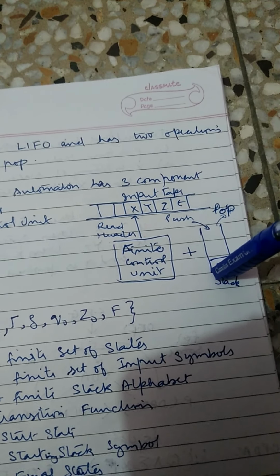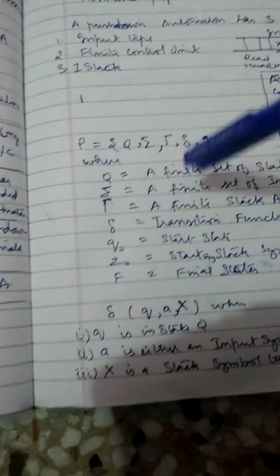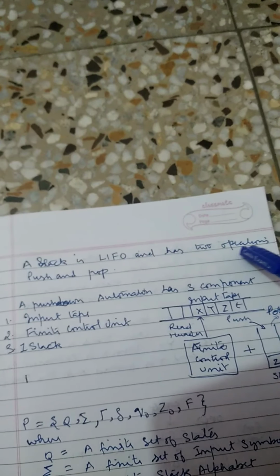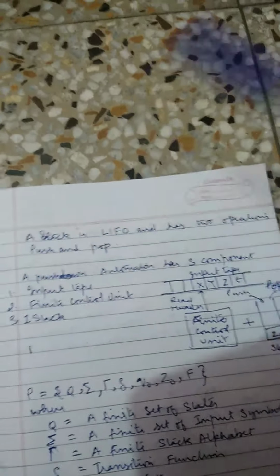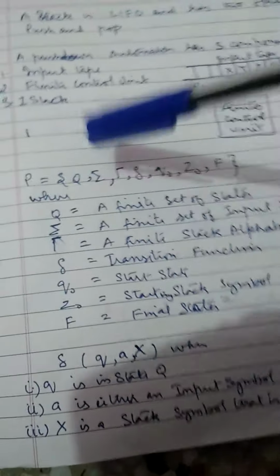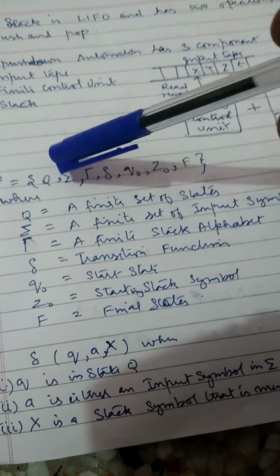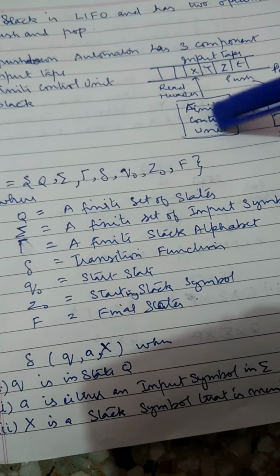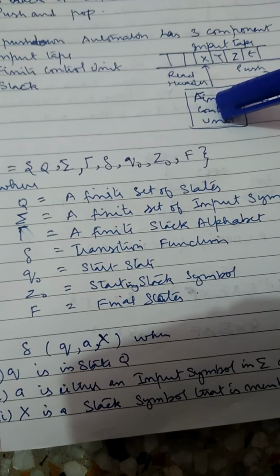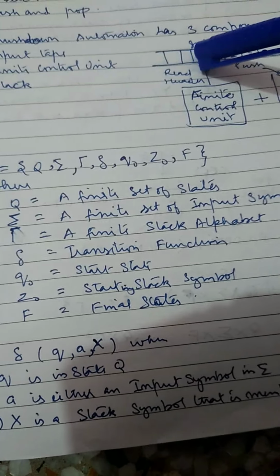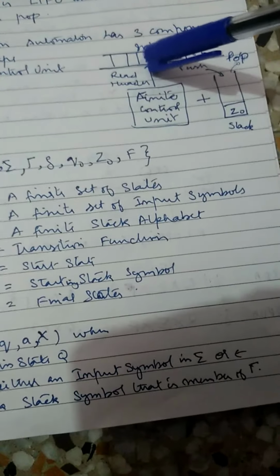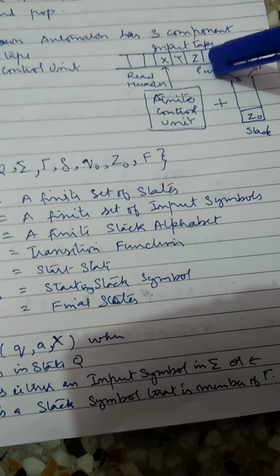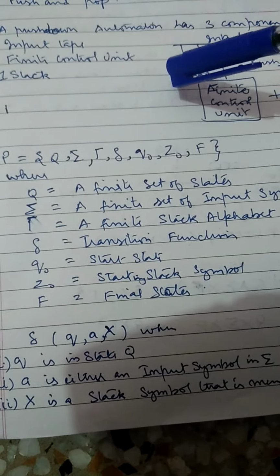Now we will move further. What is a stack? A stack is LIFO and has two operations, push and pop. Push-down automata has 7 components. Q, a finite set of states; this finite control unit has a finite set of states. Sigma, a finite set of input symbols on the input tape, and tau, a finite set of stack symbols.